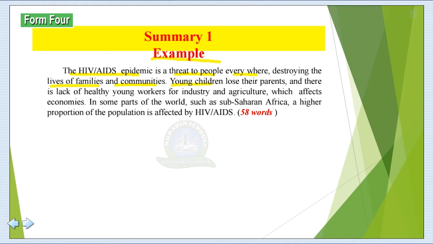Younger children lose their parents, and there is a lack of healthy young workers for industry and agriculture, which affects economies in some parts of the world, such as sub-Saharan Africa, which has the highest proportion of the population affected by HIV/AIDS. So this is the summary and the original text.